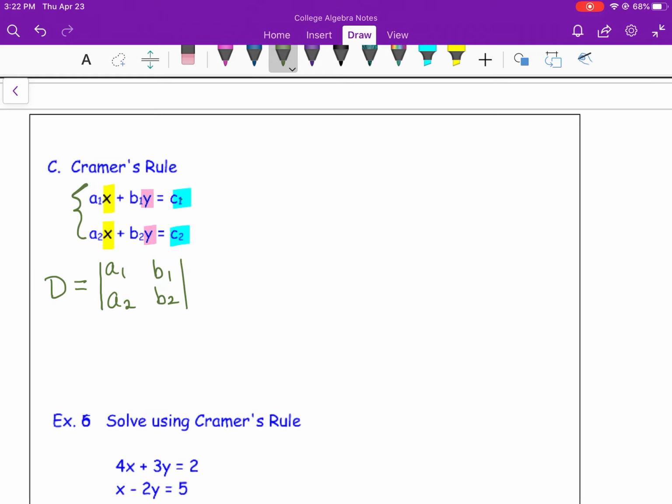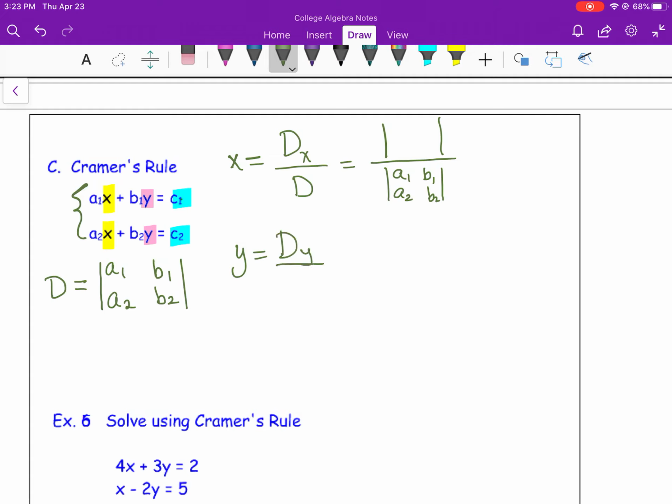We're going to find x, and that's going to be made up of determinant x over determinant D. You already know what determinant D looks like. It's a1, a2, b1, b2. Determinant x will be upstairs. It will be another determinant. Y is going to be D sub y over D. And so we use that denominator determinant again.